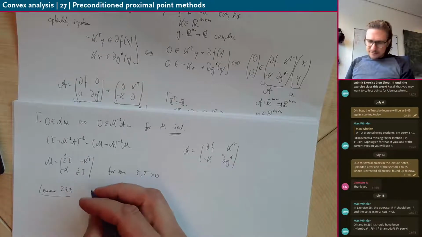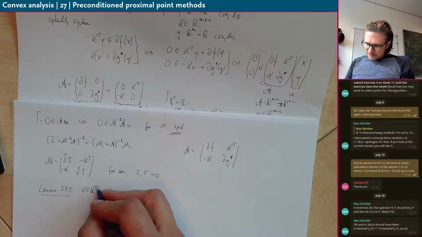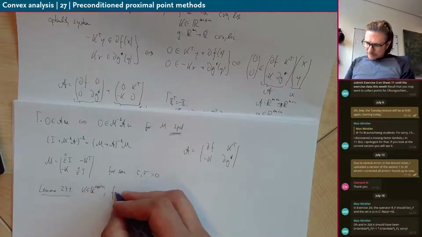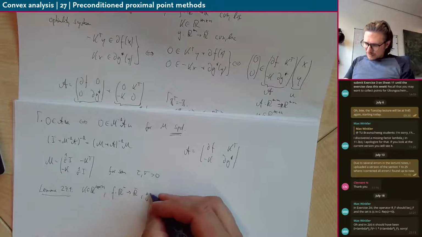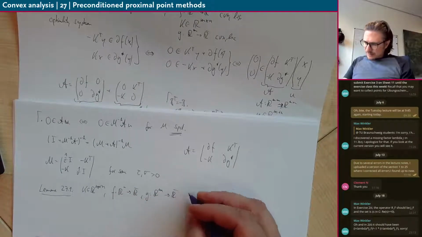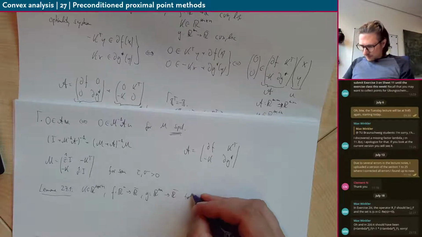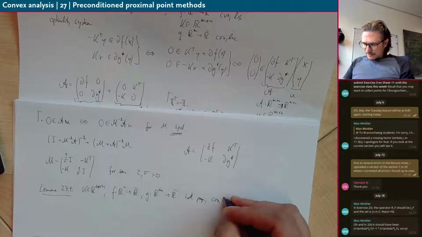The lemma goes like this. If we have our setting here, so K is an m by n matrix, F is from R^n to the extended reals, and G from R^m to the extended reals, both proper, convex, and lower semicontinuous.